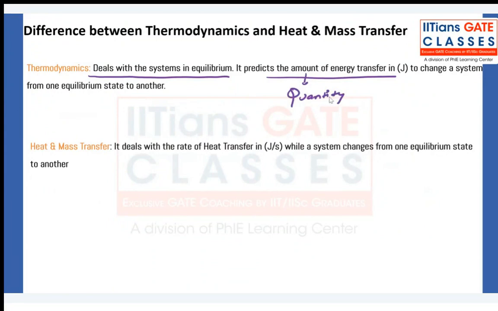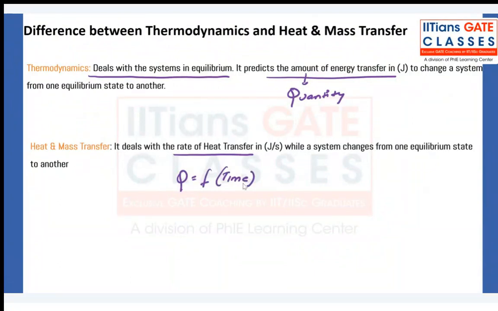But when we come to the heat transfer subject, it deals with the rate of heat transfer. Rate means flow, how it is flowing. So here, heat transfer is a function of time. How the heat transfer is changing from equilibrium state one to state two, in between, is what heat transfer deals with.